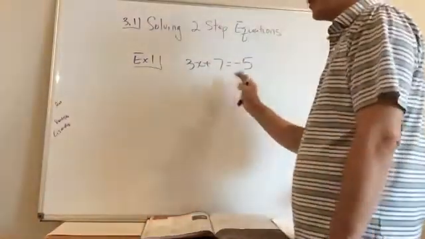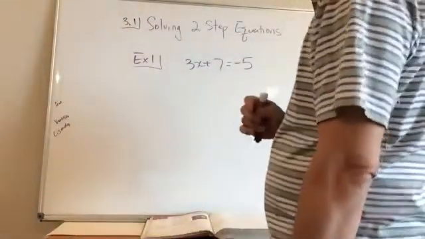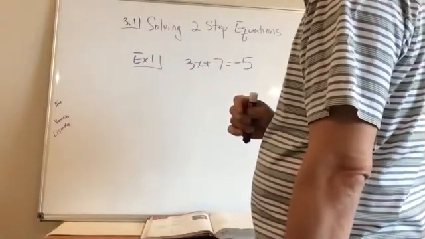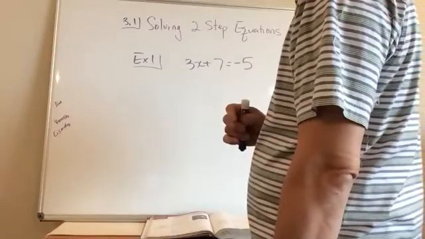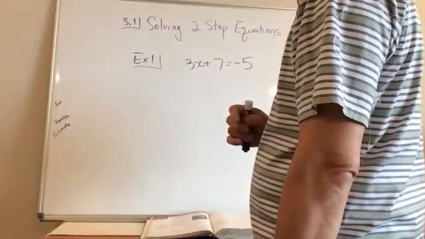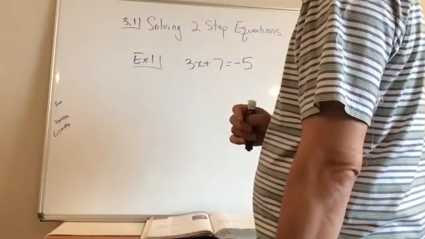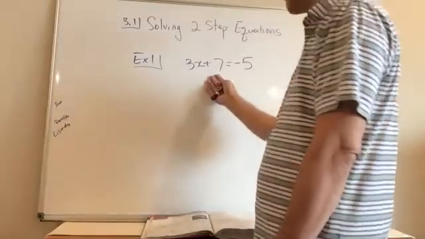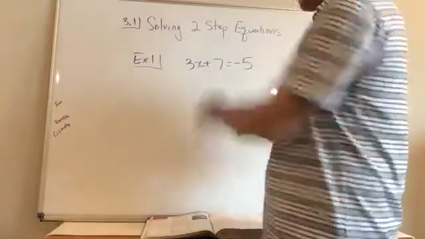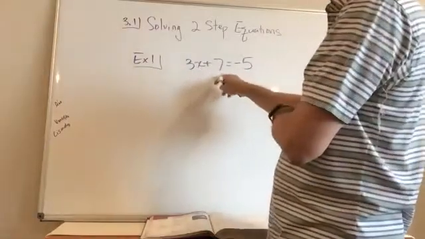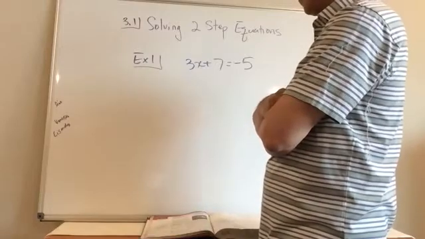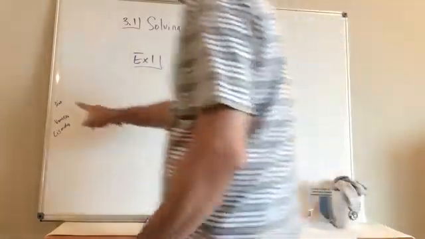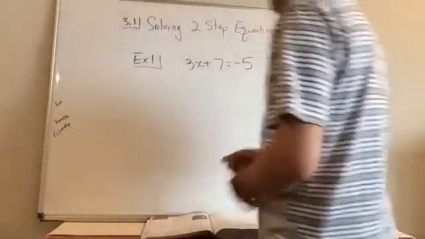Pastor, how would I get rid of the 7 on this equation? On the left-hand side, I have a 7 here. How am I going to get rid of that 7? What can I do to both sides of the equation?